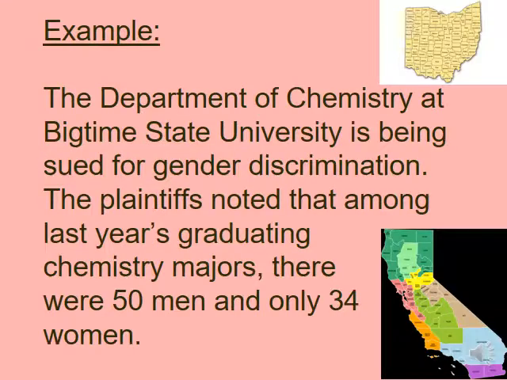Here's another example, and it actually is based on a couple of lawsuits that did happen in the states that you can see at the side of the map. It says the Department of Chemistry at Big Time State University is being sued for gender discrimination. The plaintiffs noted that among last year's graduating chemistry majors, there were 50 men and only 34 women.